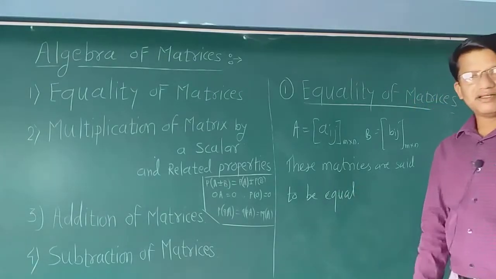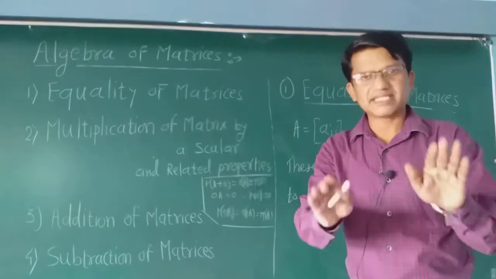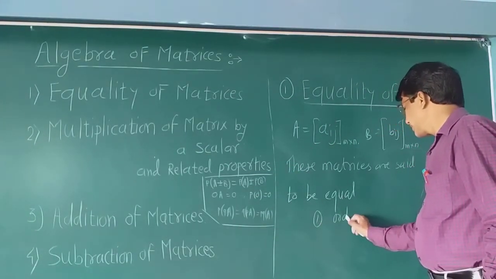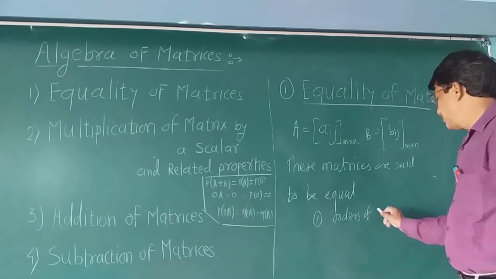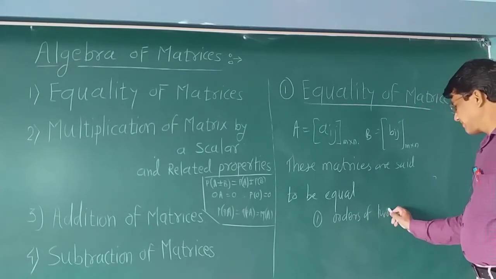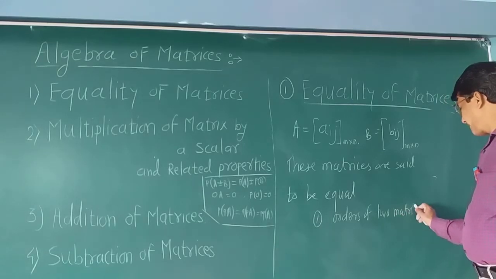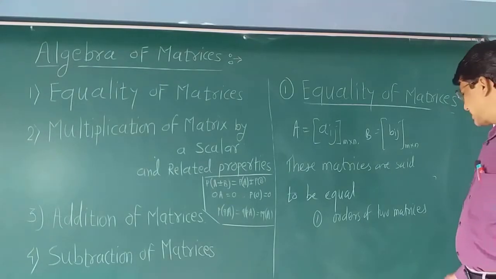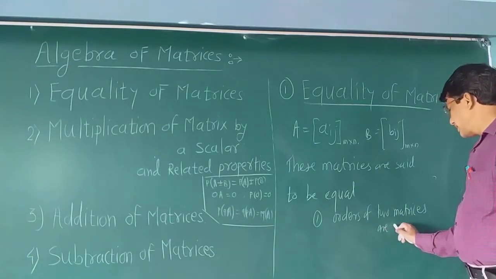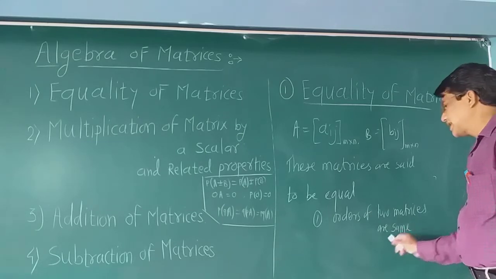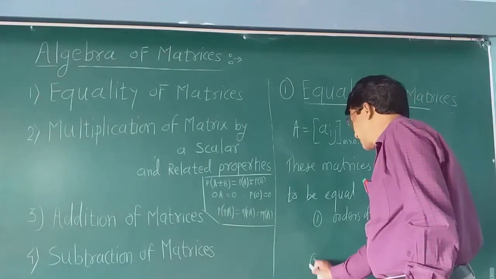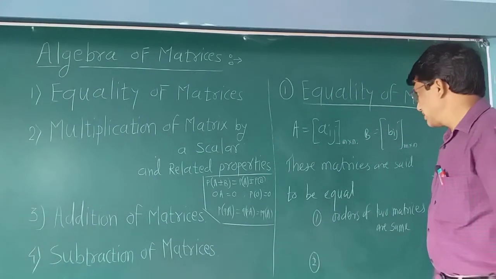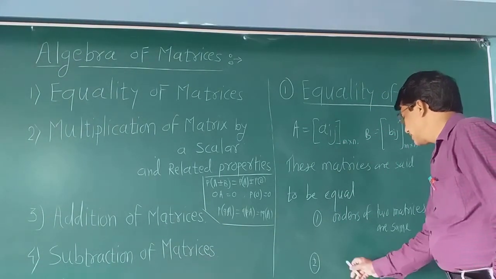What is the condition? Their order must be same. Orders of two matrices are same. This is first condition. And number two, corresponding elements are equal.